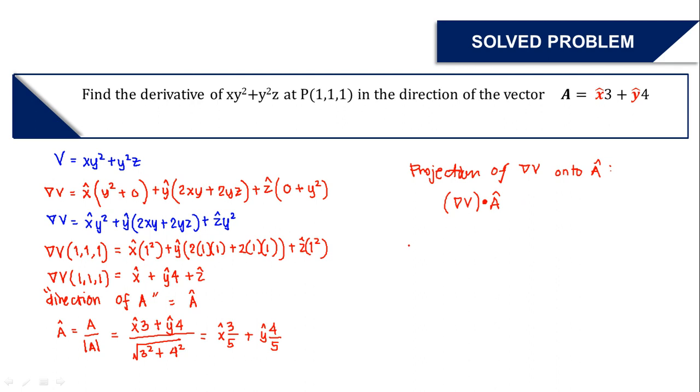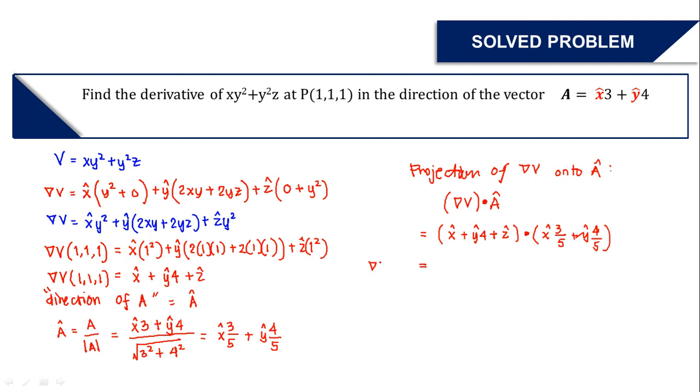So, kukunin natin yung dot product, no? Para makuha natin yan, it is equal to, yung del natin is x hat plus y hat 4 plus z hat dot, yung A naman natin is x hat 3 over 5 plus y hat 4 over 5. Diba? So, anong sagot na natin dyan?